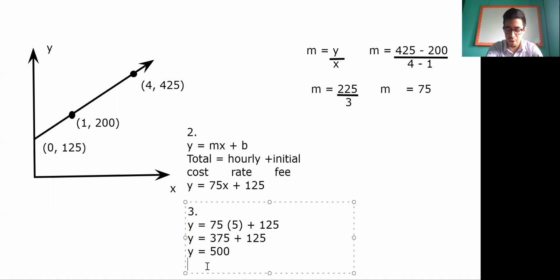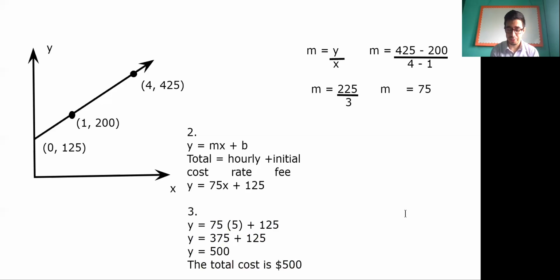At the end of the problem, the total cost is $500. So they are going to be able to afford DJ Dave. They are going to pay $500 for the 5 hours.